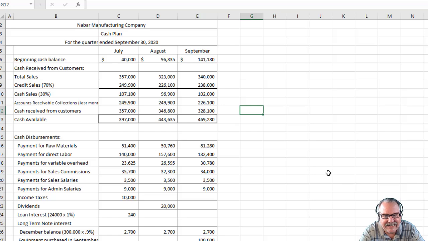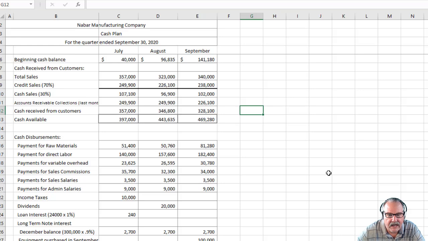The cash sales get added to the previous credit sales. And August credit sales were $226,100. So now we're going to add that in to get total cash received from customers of $328,100 and cash available is $469,280. Then we schedule out our payments for raw materials, direct labor, variable overhead, sales commissions, sales salaries, administrative salaries, just like we did for the other 2 months.